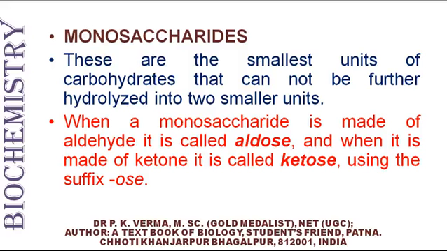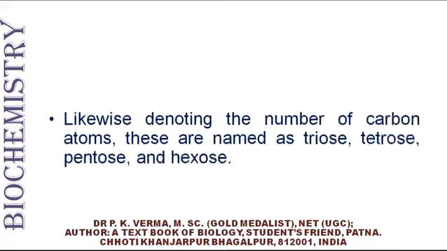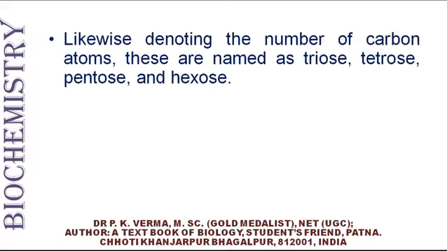When it is made of a ketone, it is called ketose. Here the ose suffix has been added to aldehyde and ketone groups. Similarly, on the basis of number of carbons, if there are 3 carbon atoms, the name is triose, 4 carbon atoms tetrose, 5 carbon atoms pentose and 6 carbon atoms hexose.